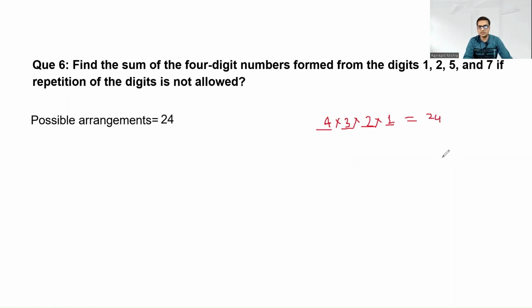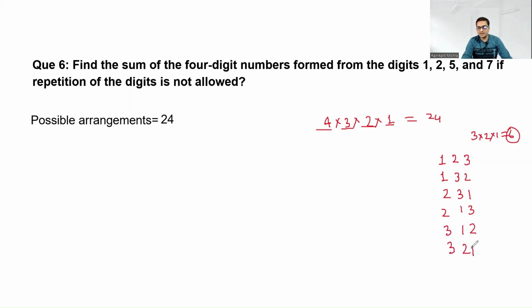To understand further process, let's take an example of digits 1, 2 and 3. With 1, 2 and 3, we can form 6 numbers. And these numbers are 1, 3, 2, 2, 3, 1, 2, 1, 3, 3, 1, 2, 3, 2, 1.